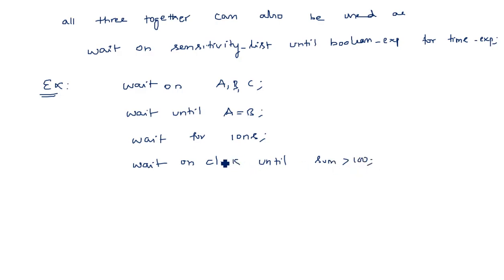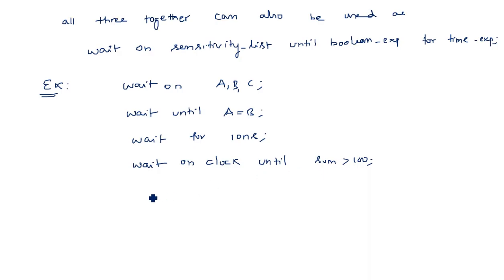Wait on clock. So clock is nothing but a sensitivity input. So wait on clock until this particular value is achieved. Until some Boolean expression, sum may be greater than 100. Sum is a value which always increments, and whenever the value just reaches above 100, automatically the waiting operation is performed.